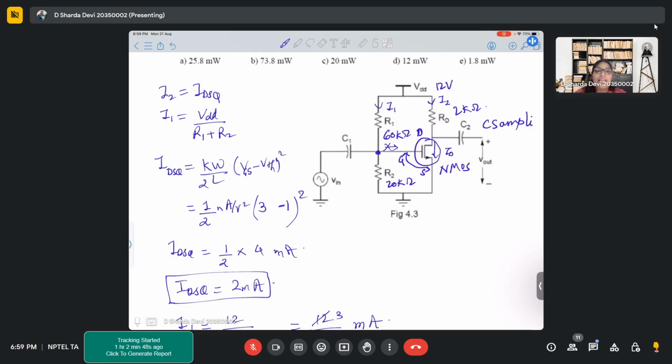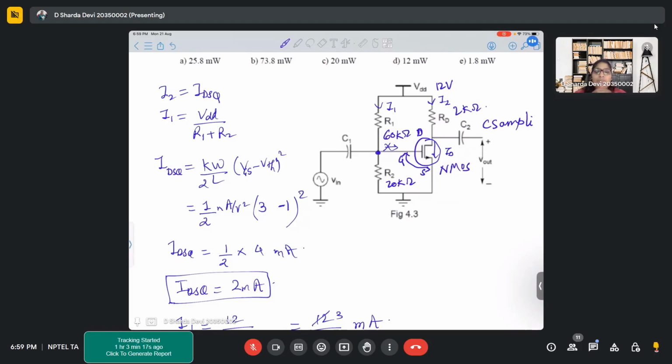Now, when you apply your signal, your ID definitely changes, right? There might not be any change in your I1, but your I2 will definitely change, which will change your power dissipation. But whatever changes is dynamic and changes with respect to your input signal. The calculation that we are doing currently is static power dissipation, and it will stay throughout.